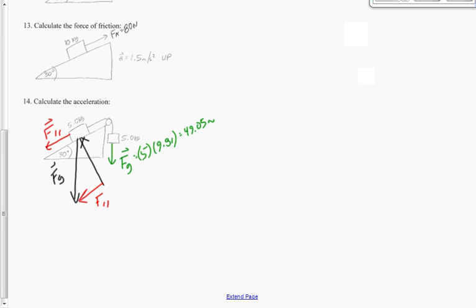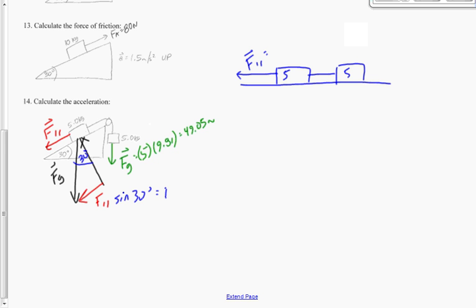Let's straighten it out to hopefully make it a little bit less confusing for us. We get an F parallel acting this way. We haven't figured that out. Let's figure it out. Sine 30 is equal to opposite, which is F parallel, over 5 times 9.81.